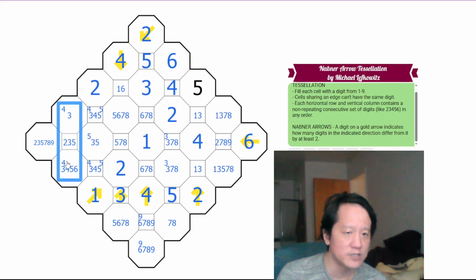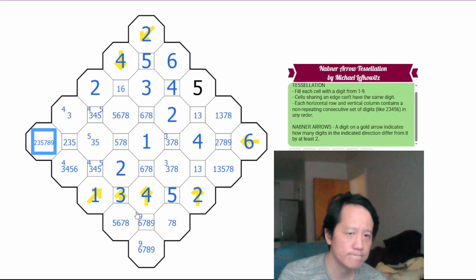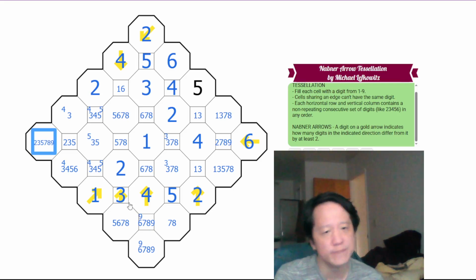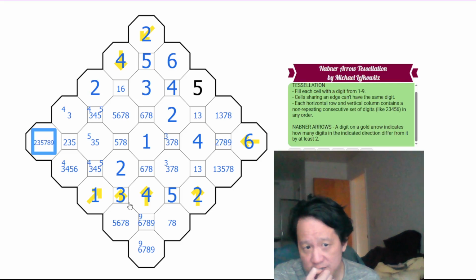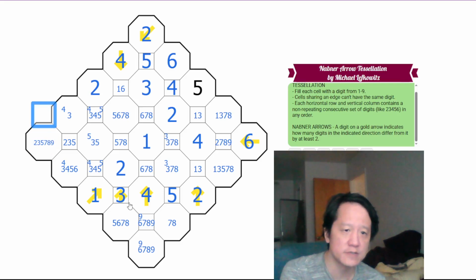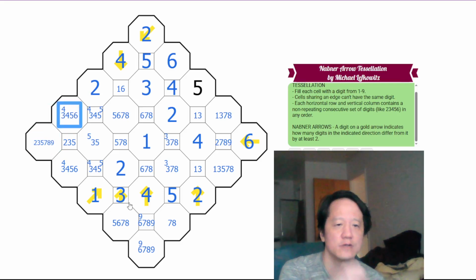If this is not 2, 3, 4, it would have to be 4, 5, 6, which would definitely not be consecutive, and then this would have to be 2 or 3, which could work also. 4, 5, and 6, so any of these could work.